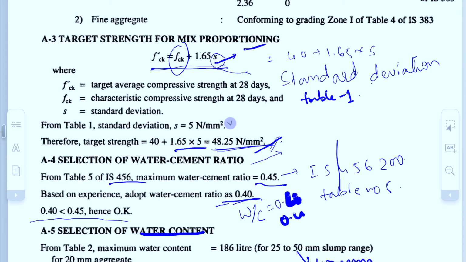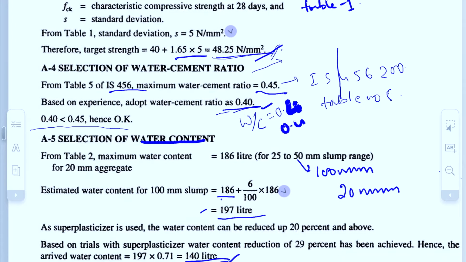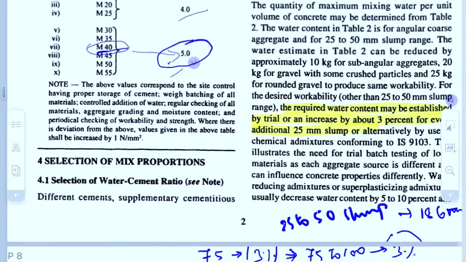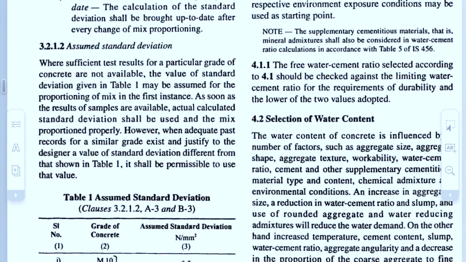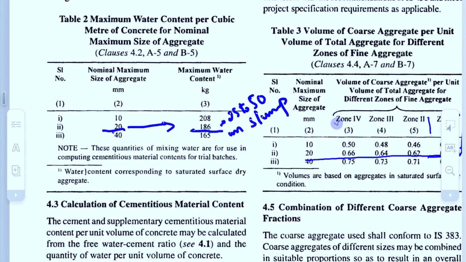Now we have established the target strength as well as the water cement ratio. Once we do that, we need to determine the water content. For the selection of water content we go to Table 2. The maximum nominal size of aggregate which we have is 20 mm, which is given in the question.